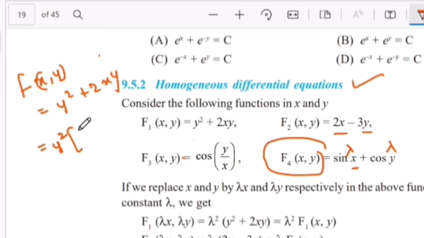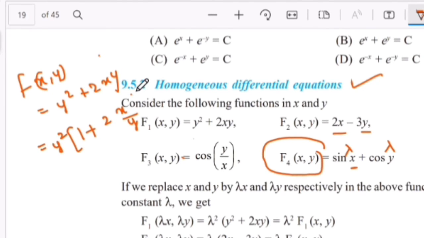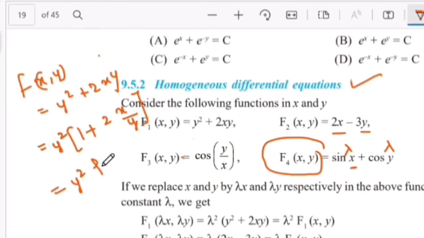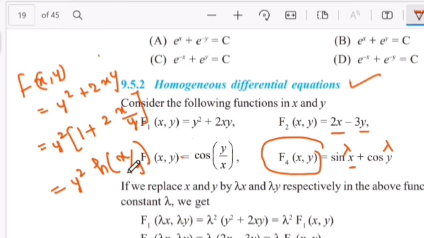This will become 1, and the 2x, 1y get cancelled, giving 2x by y. So this is nothing but y square into some function of x by y. If it is a homogeneous function, we can always write like this. If it is not a homogeneous function, we cannot write like that.